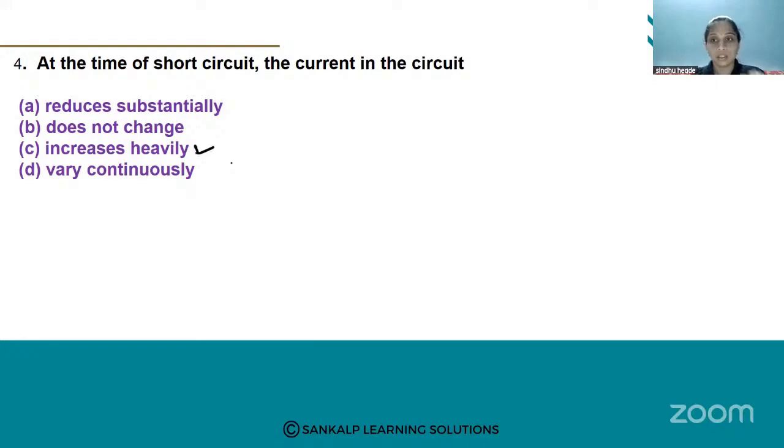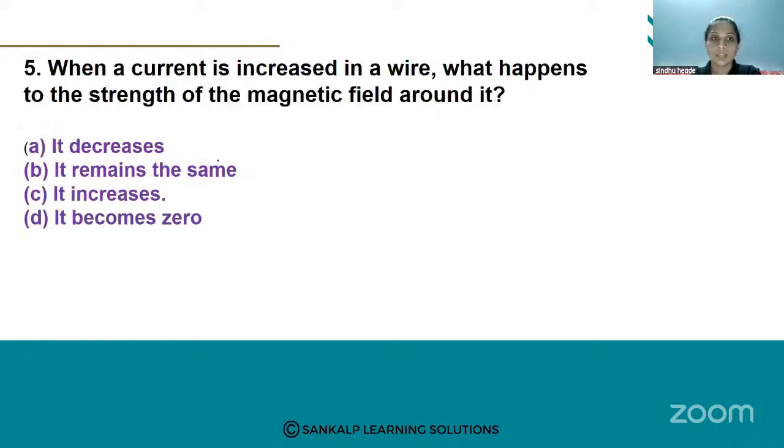When the maximum or extra current flows in the circuit, it causes a short circuit, right? So here C option is correct. Increases heavily. It is not reduces subsequently, and does not change is also wrong, and varies continuously is also wrong. At the time of a short circuit, the current in the circuit increases heavily. This option is correct.